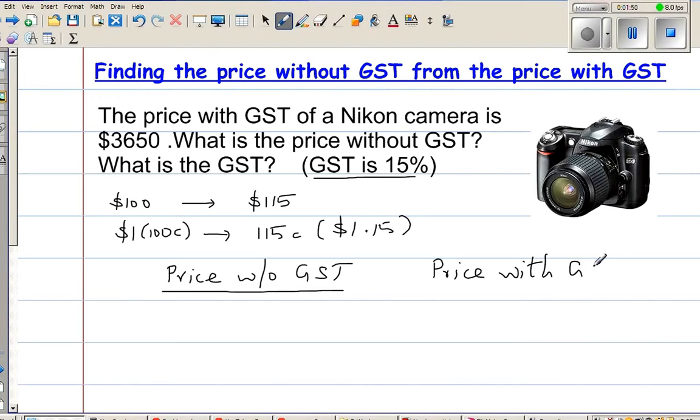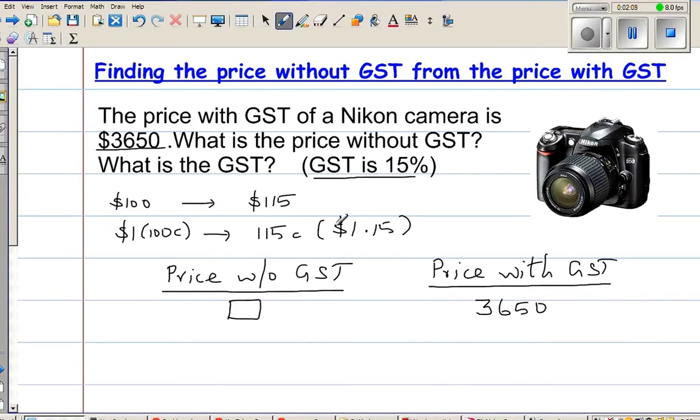Okay. So what is the information that we have? I can write when the price with GST is 3,650, you want to find the price without GST. That's the question.